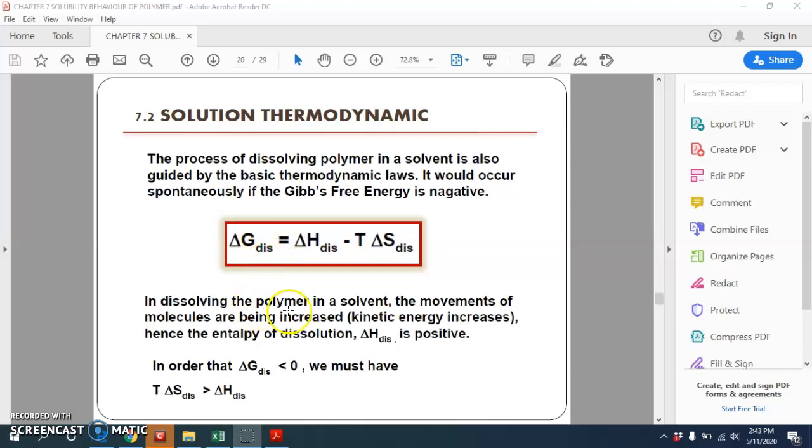So in dissolving the polymer in a solvent, the movement of molecules is increased, which is the kinetic energy increases, hence the enthalpy of dissolution is positive. So in order that the change in Gibbs free energy of mixing must be less than 0, we must have the temperature times the entropy of mixing bigger than the change of the enthalpy of mixing.